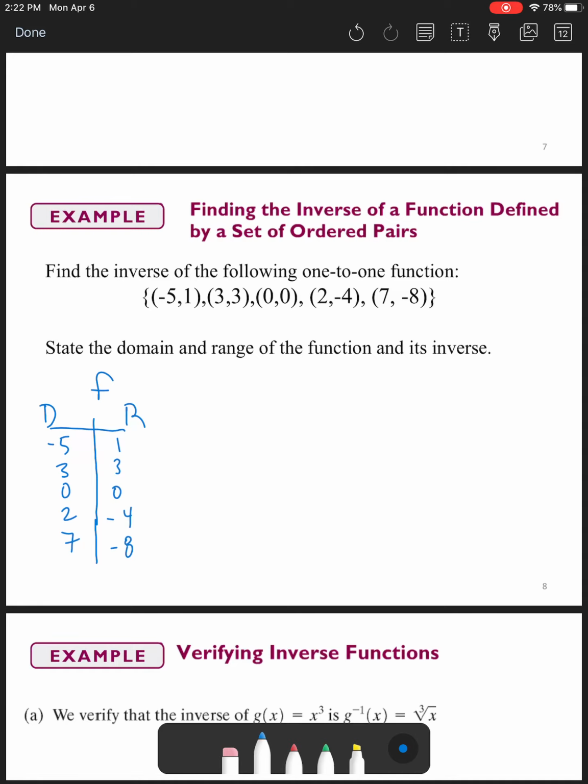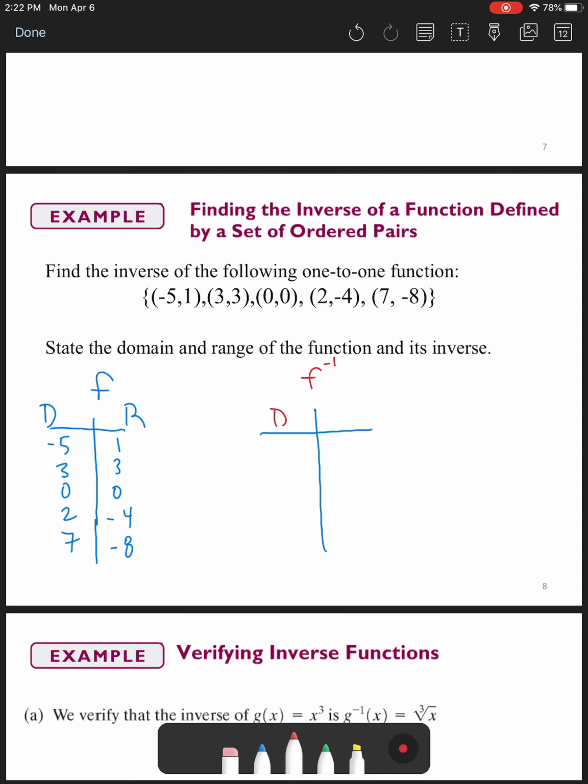All right, so we wrote out the domain and range of the original function. Now the domain and range of the inverse function. We know that the domain of the inverse is the range of the original.